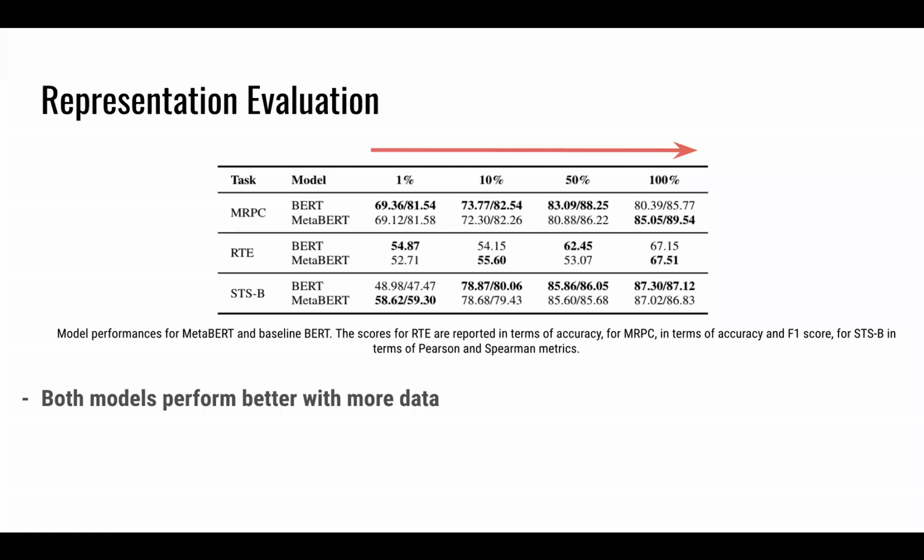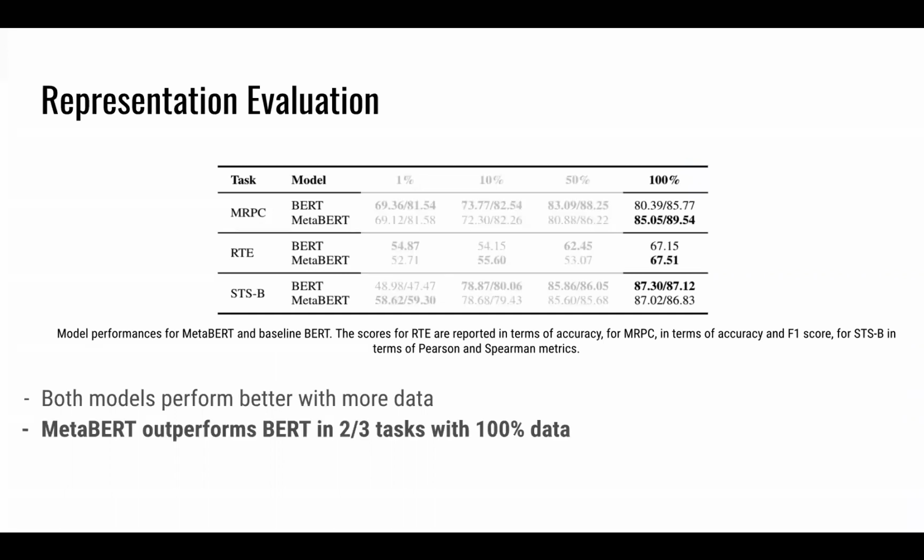So we have 2 sets of experiments. The first set is called the representation evaluation. This is to evaluate the accuracy of the word embeddings generated by our model. When we look at our results, we realize that both MetaBERT and baseline BERT perform better as the data size grows larger. And notice that MetaBERT outperforms BERT in 2 out of the 3 tasks when the entire data set is present.